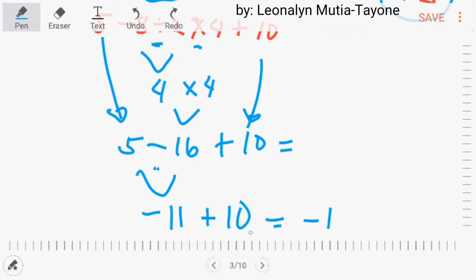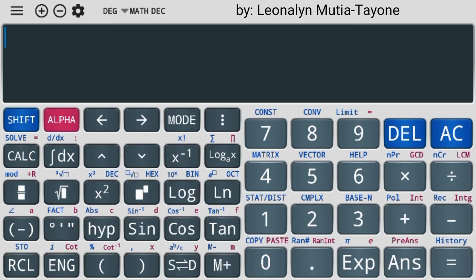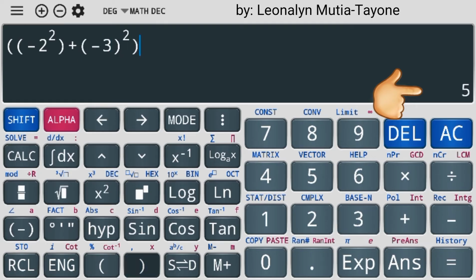Negative 11 plus 10, and that is negative 1. And the answer is letter B. I-double check natin sa calculator. And the answer is negative 1.